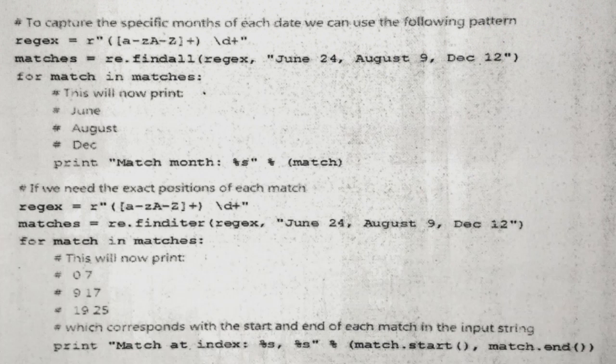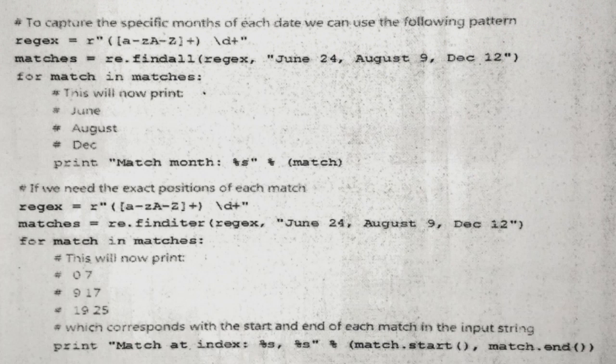As this program is similar to the previous one, but now we want to display the positions. So for the same, in place of the findall method we have made use of the finditer method. With the help of the finditer method you will get to see the positions of the result. So the result is the same as in the case of findall, that is we will get June as a result.